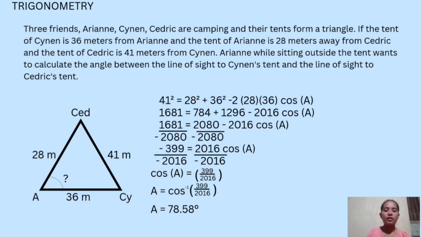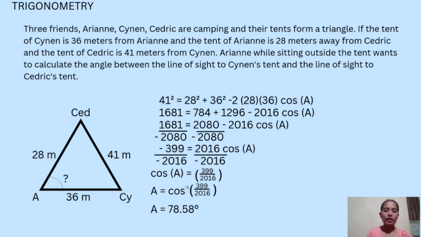Aryan, while sitting outside the tent, wants to calculate the angle between the line of sight to Simon's tent and the line of sight to Cedric's tent. If you find it confusing, I'm sorry I did not put where angles A and B are, but it's okay because we will add it all and we get the exact answer too.